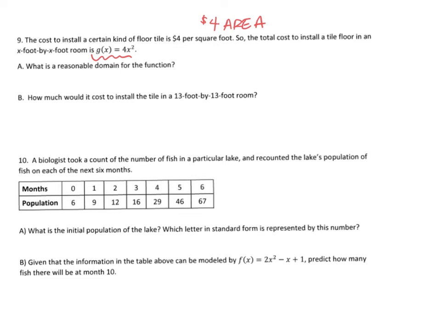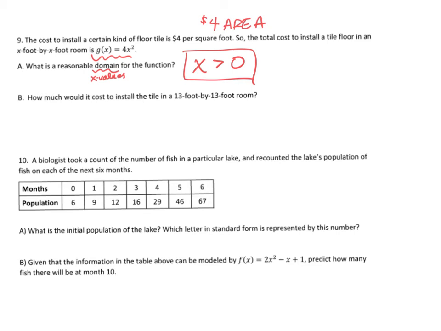So I expect my side lengths to all be bigger than 0 because we're not going to have a negative side. So what's a reasonable domain? Remember, domain means your x values. So what's a reasonable domain? When x is bigger than 0.